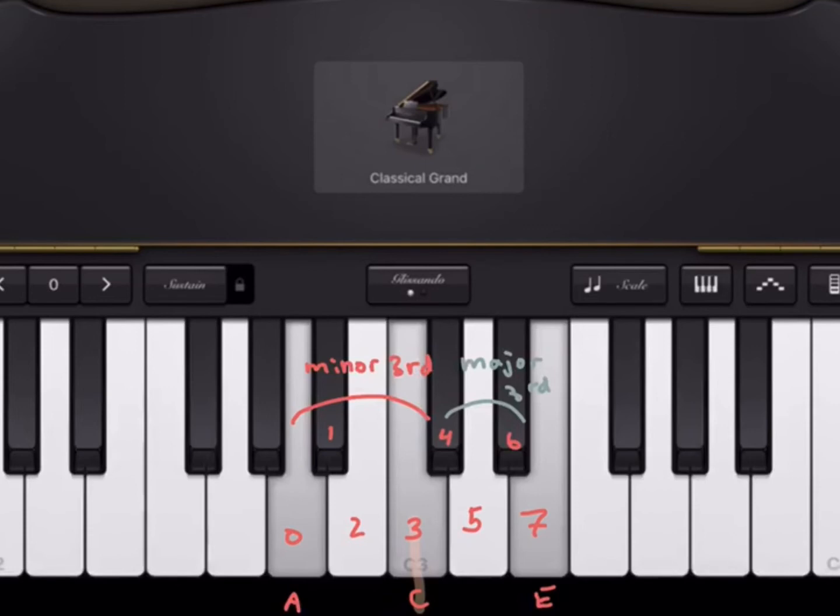So I will use this keyboard to show you how to create a diminished triad. All you need to do is play a minor triad and then lower the top note, which is this one, circled in green, by one semitone. One semitone is the distance between this black key and this white key.